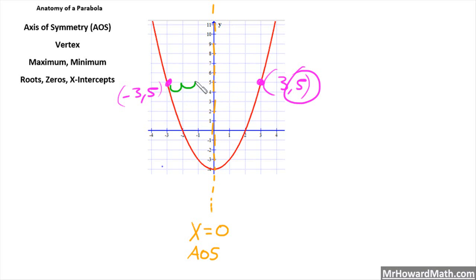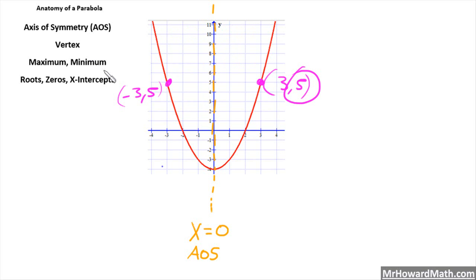So it's 1, 2, 3 away on this side, and 1, 2, 3 away on this side. That will always be true. The matching point, so the y value that is shared, will be equidistant left and right from the axis of symmetry. So that's important to understand about the graph of a parabola.